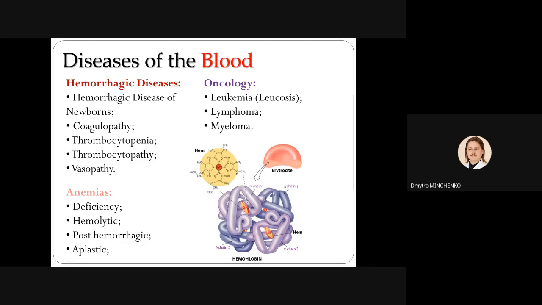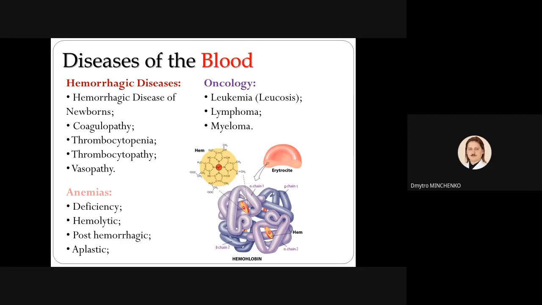Let's focus now on the pathology. Diseases of the blood. They can be divided into 3 basic categories. Bleeding disorders or hemorrhagic disorders.